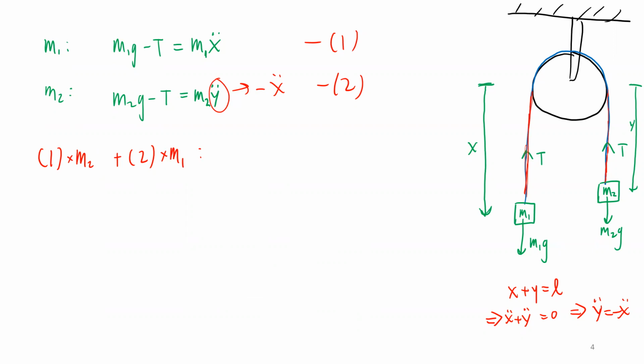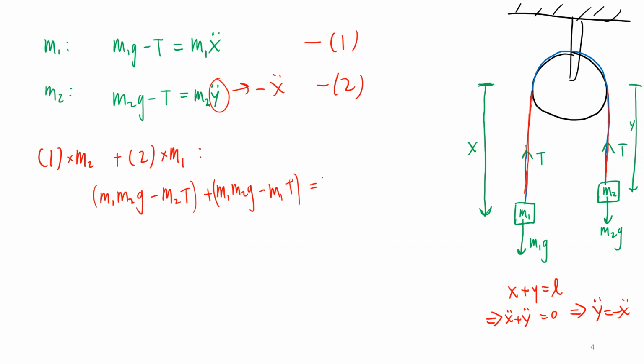So then what I have over here is m1 m2 g minus m2 T, plus m1 m2 g minus m1 T, equals the right hand side.